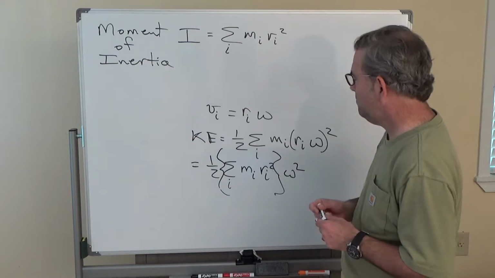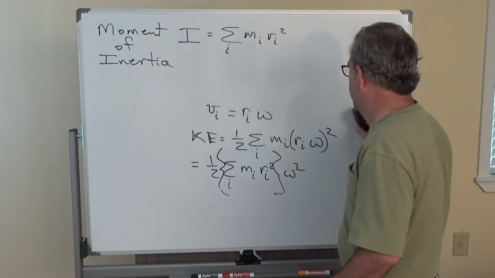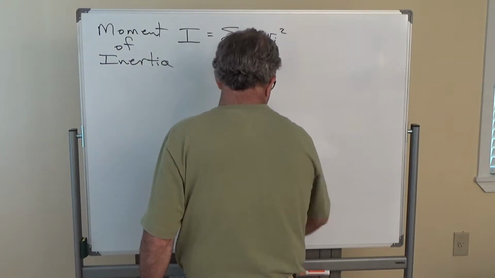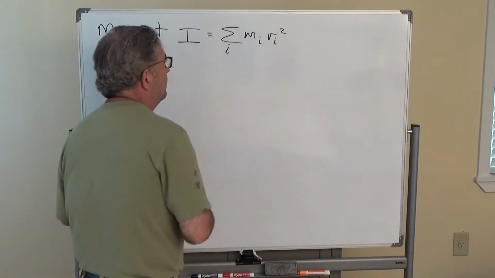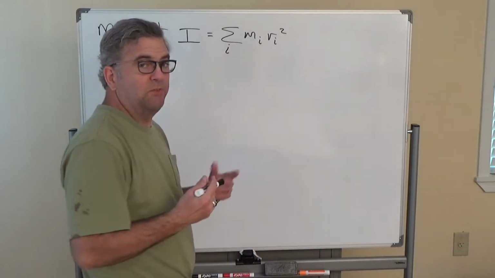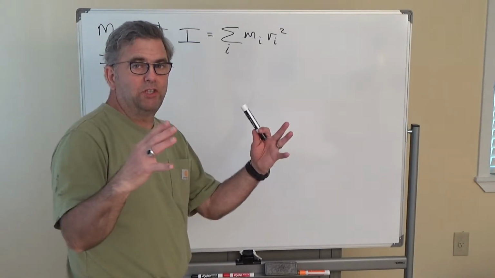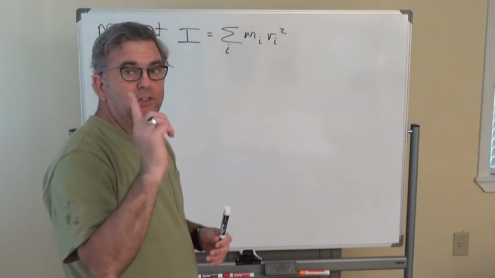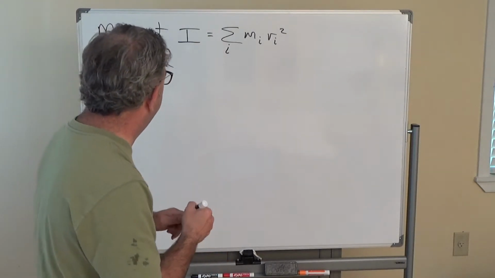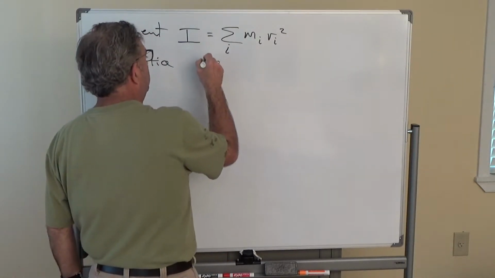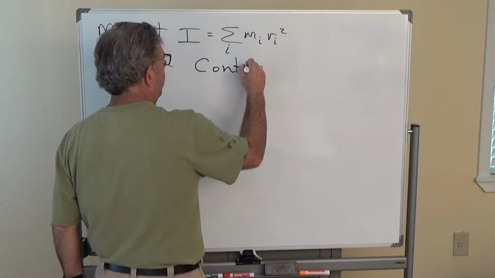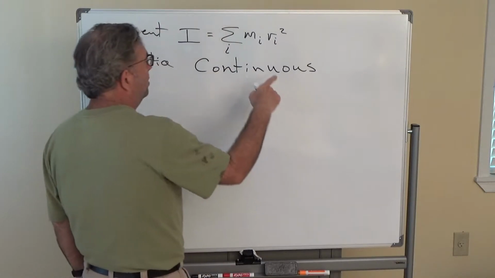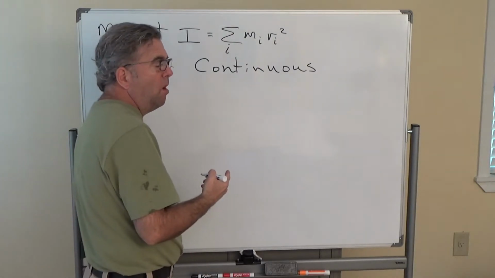So for continuous objects like disks, spheres, spherical shells, thin rods rotating, all these kinds of things, I'm not going to go through the math, but you break it up into smaller and smaller pieces.